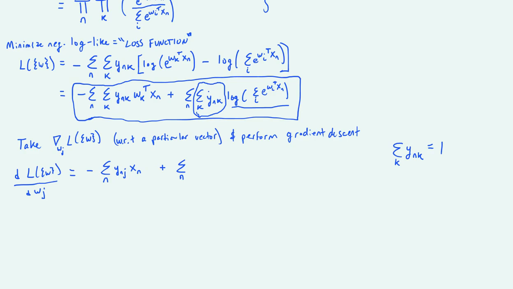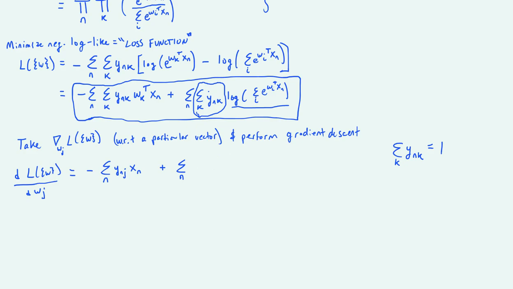So that's going to just reduce to the sum over n, we can get rid of the k, of the log of the sum of exponentials. And this we can't simplify neatly at the moment.